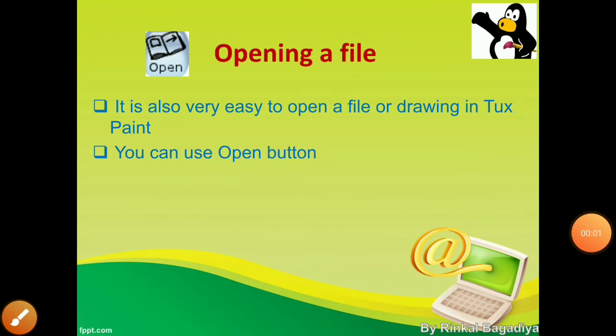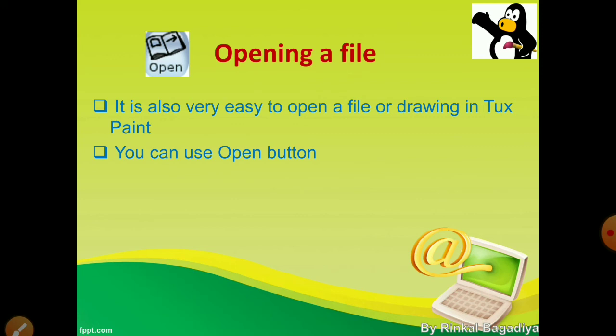Now children, our next and last topic of this chapter is opening a file. When we want to open our saved drawing in Tux Paint, we can use the Open tool from the toolbox. It is available in the main toolbox of Tux Paint. The Open button displays the thumbnails of drawings which we saved earlier.